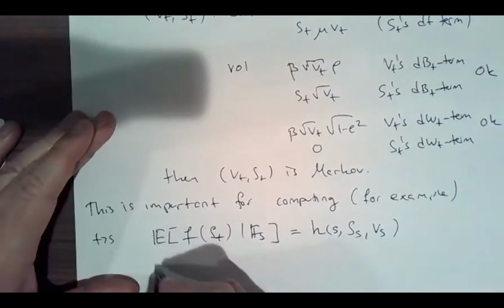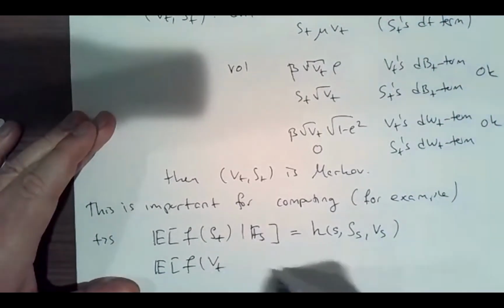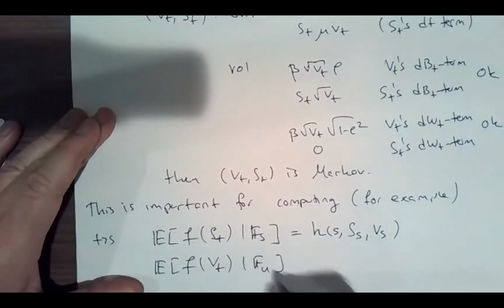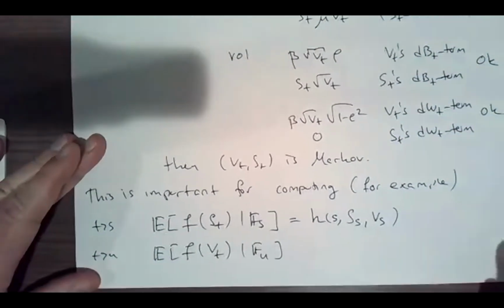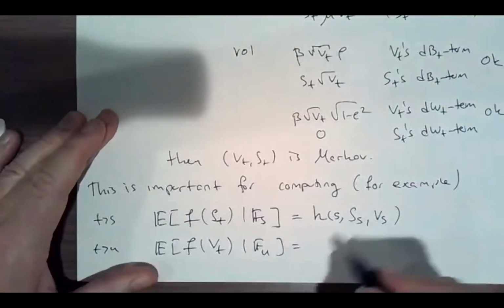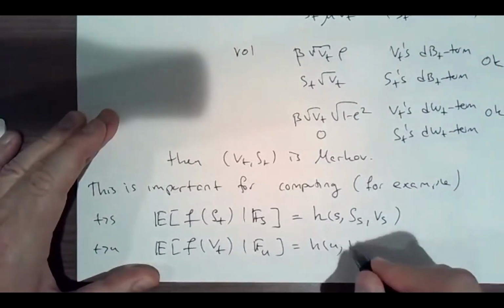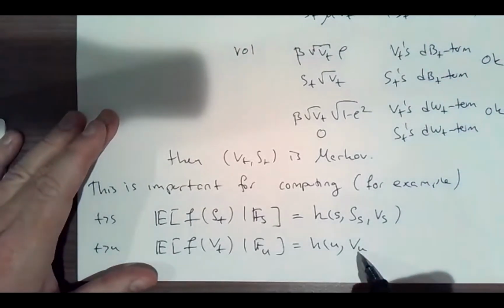And this is in contrast to if you were to compute a function of, say, Vt. Let me put a U here now so you don't get it confused. So now T is bigger than U. Well, this is again going to be a function of current time, this is U, and then V. But will you need more in here?